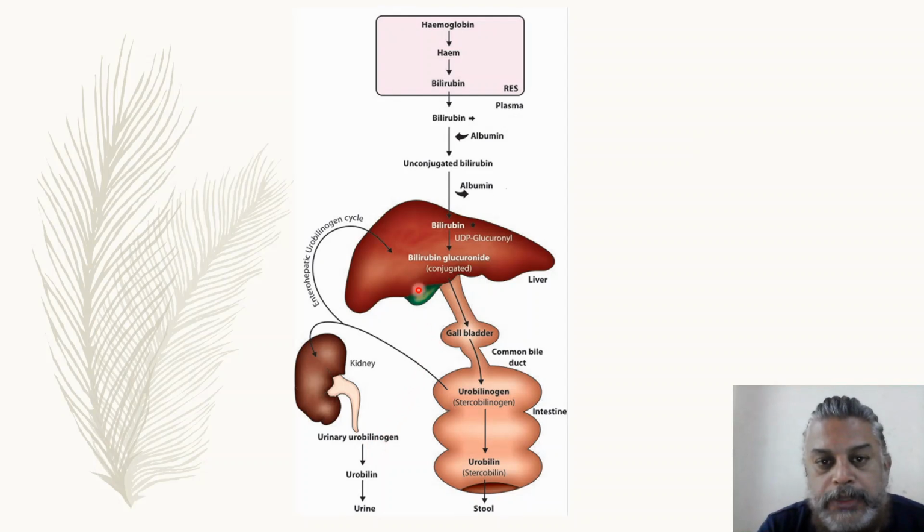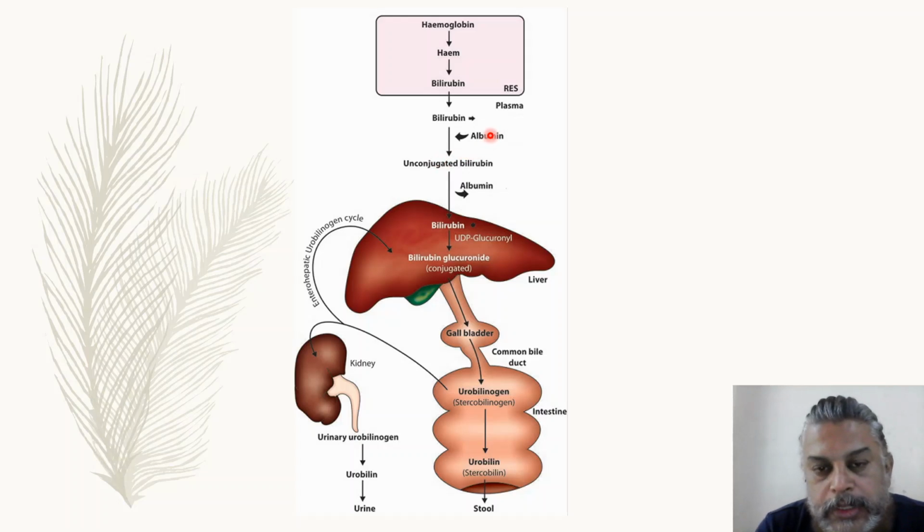In pictorial presentation, this is the hemoglobin which is present in the RBC. When the RBC are aged, the heme is taken out in the reticuloendothelial system, and from here the bilirubin is made. This bilirubin is in the unconjugated state in the vascular system, bound with albumin.